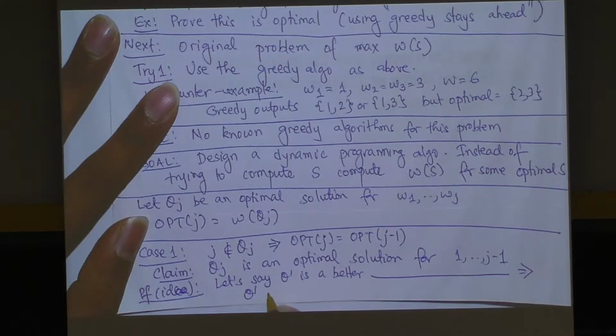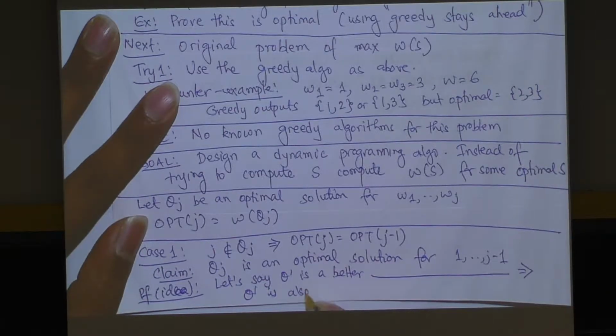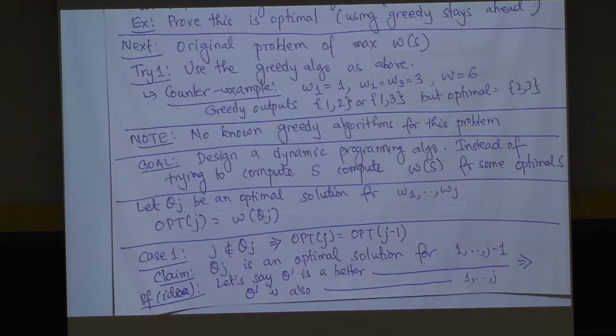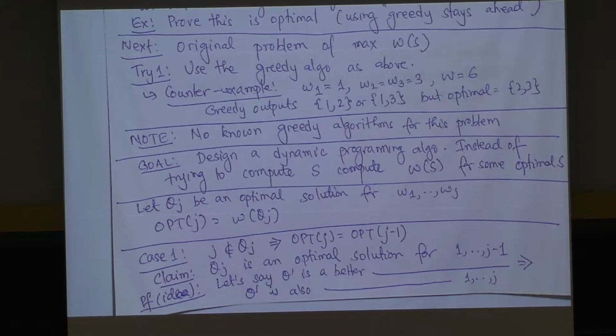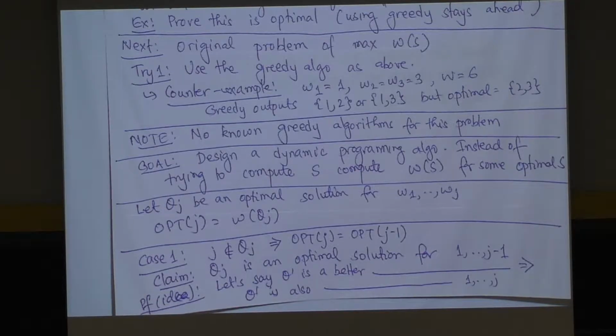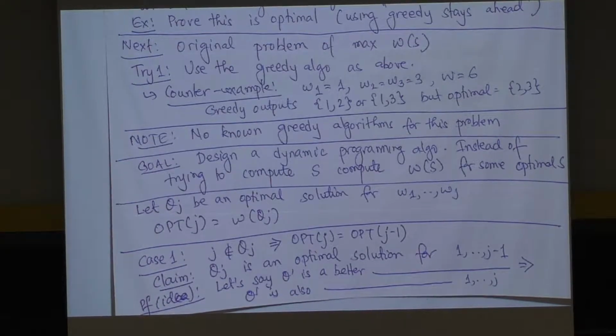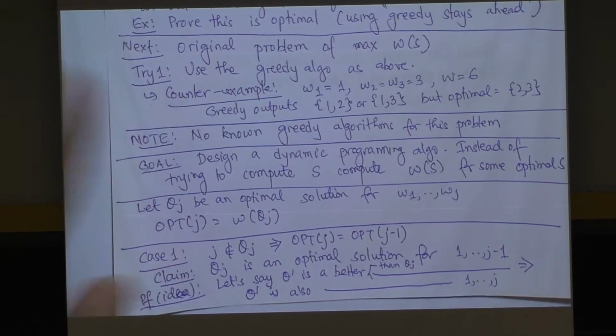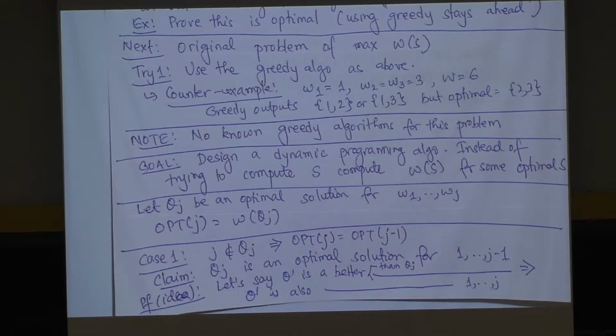That implies O prime is also a better solution for 1 up to j. Right? So the point is, if you have a solution that is a valid solution from 1 to j minus 1, it will also be a valid solution from 1 to j. And we have already argued for the sake of contradiction that the weight of O prime is strictly bigger than the weight of O of j. And maybe I should clarify, when I said better, I meant it's better than the solution which is optimal for j.